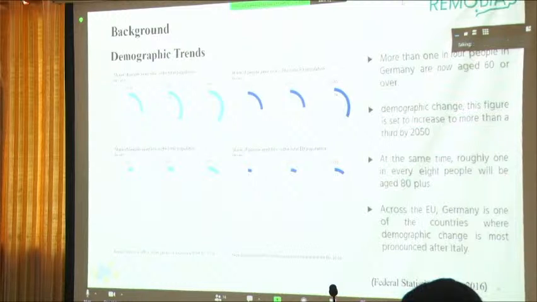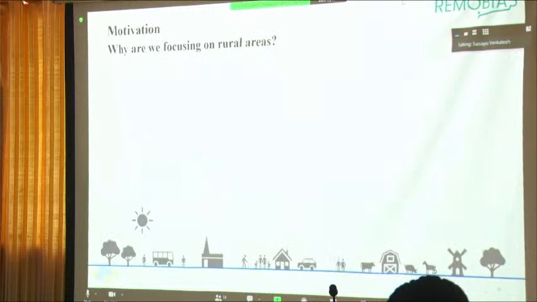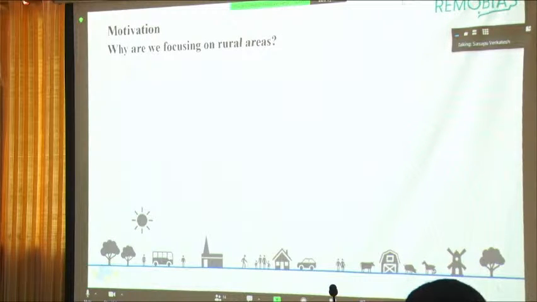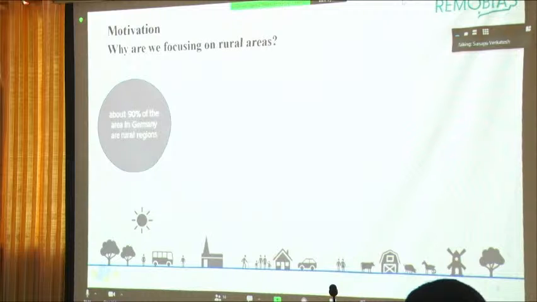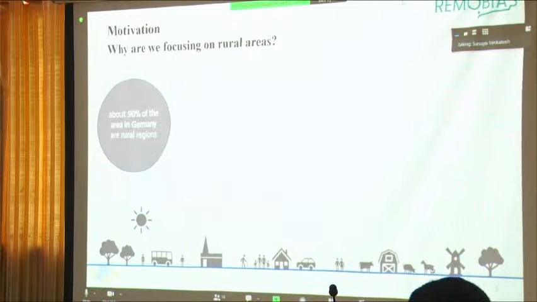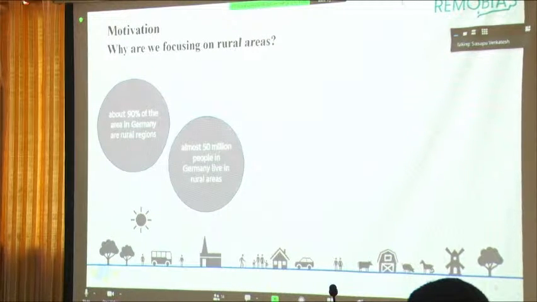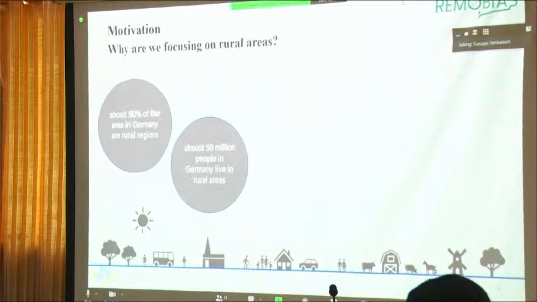Also, Germany has more than 90% of its land area filled with rural area. We have more than 90 million people in Germany, and out of it, 50 million people are already living in the villages.